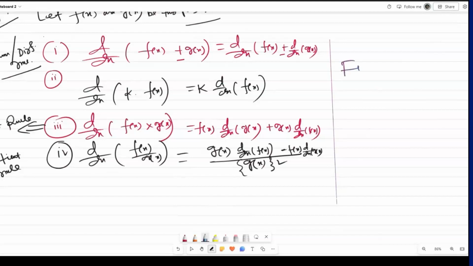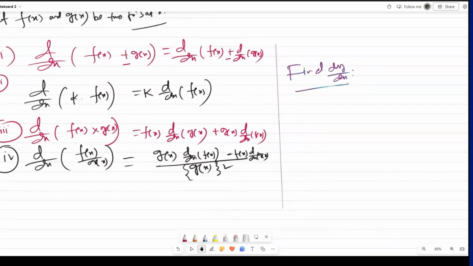Find dy by dx. Number 1: y equals x cube plus sin x.